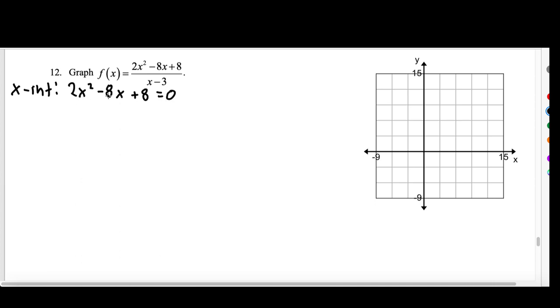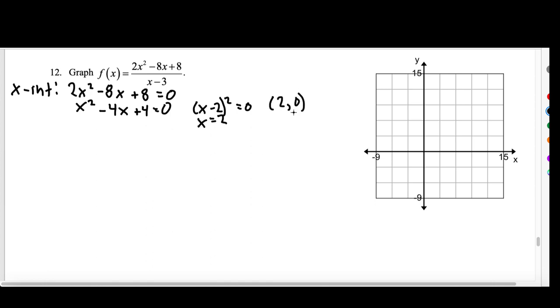I can divide every term by 2, basically pull out a factor of 2, which gives me x squared minus 4x plus 4 equals 0. And this can actually be written in factored form as x minus 2 squared, x minus 2 times x minus 2. So x equals 2 is where that's equal to 0, or the point 2, 0.